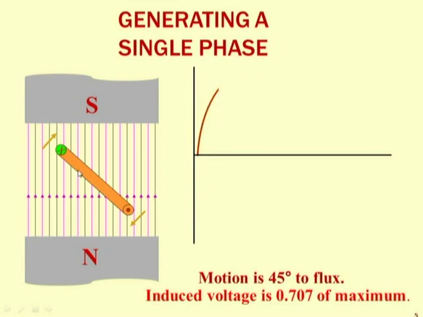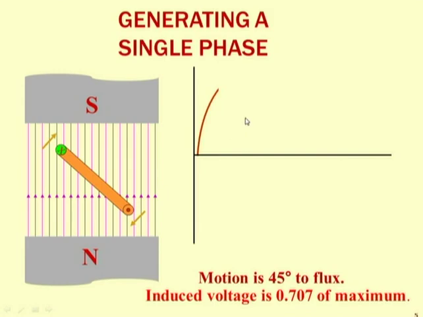Suppose I am trying to obtain the EMF at, say, 30 degrees, then at 30 degrees it would be equal to sin 30, which is 0.5. At 0 degrees it is equal to sin 0, which is 0. Basically it is following the sine form. That we shall discuss later on also. So at 45 degrees, 0.707 is the EMF induced.